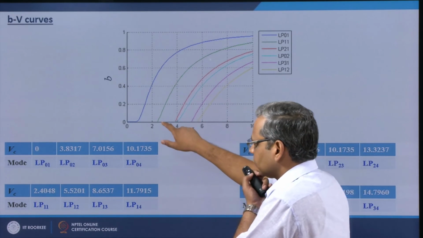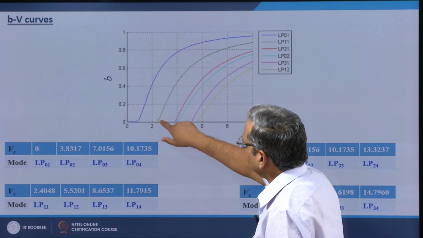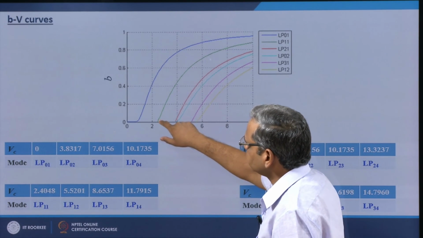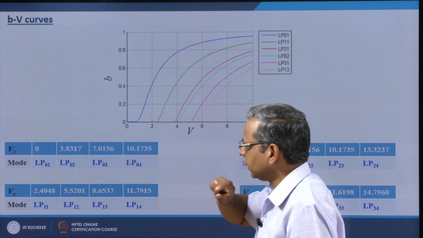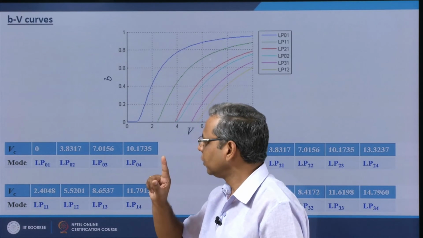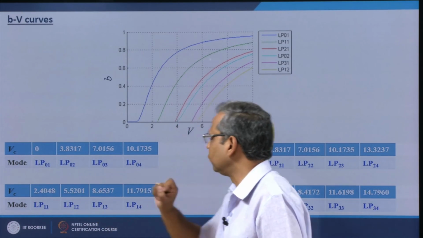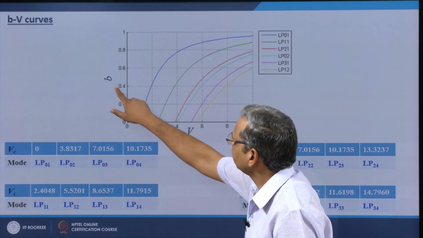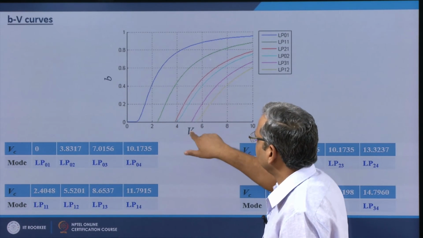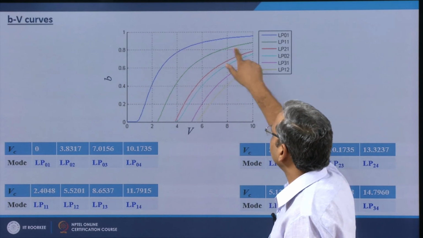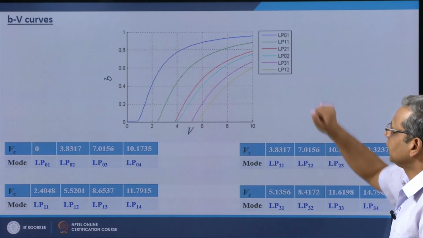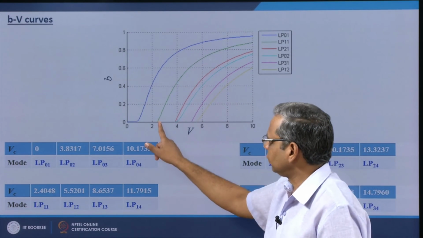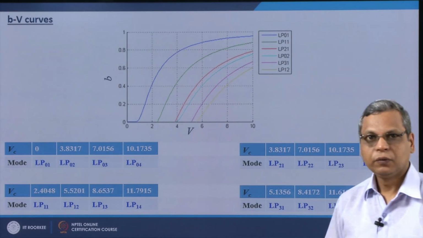So, now I plot the propagation constant of the LP11 mode, that is the highest root corresponding to L is equal to 1, with respect to V, and it goes like this. So, this is the LP11 mode and it is cut off at 2.4048.